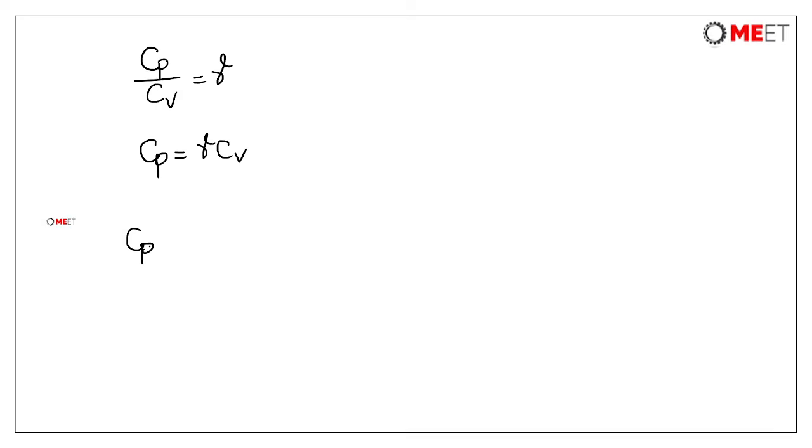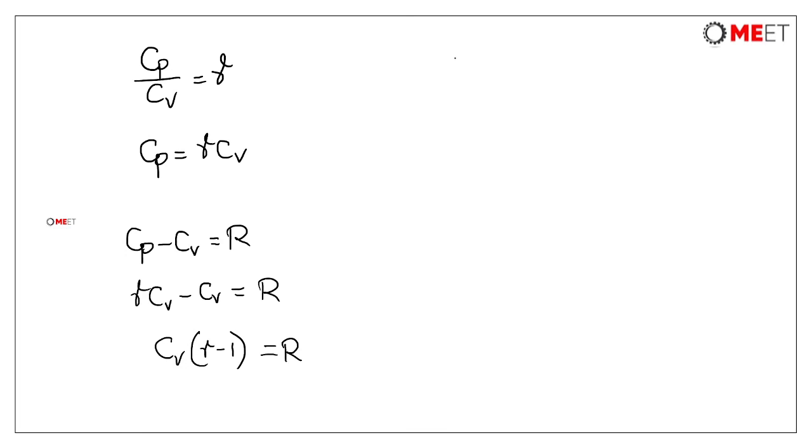Now, Cp minus Cv is equal to R. So gamma Cv minus Cv is equal to R. If I take Cv common, this will be gamma minus 1 times Cv, equal to R. So Cv is R by gamma minus 1.